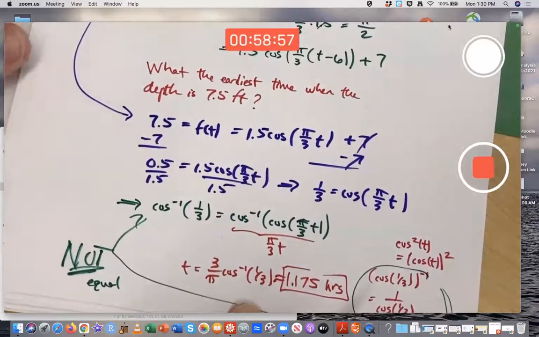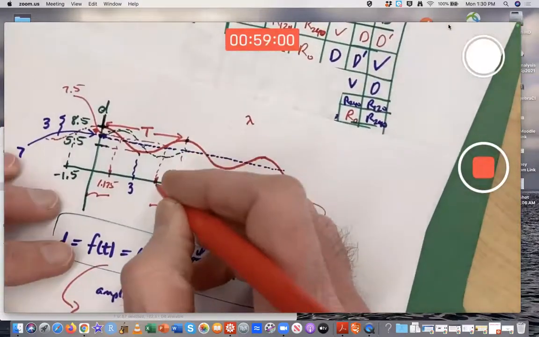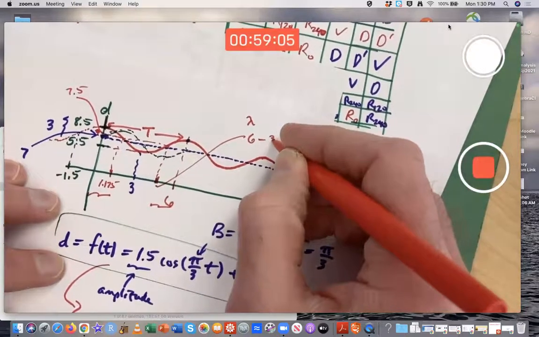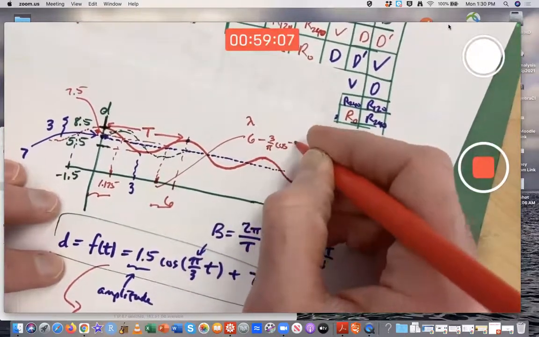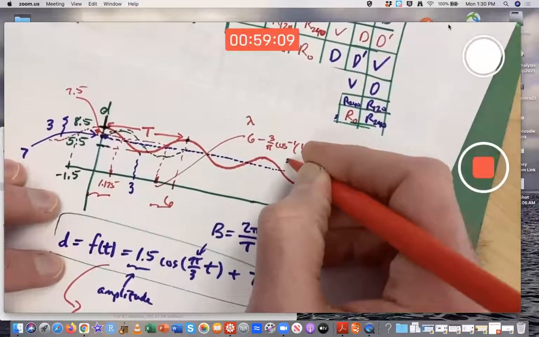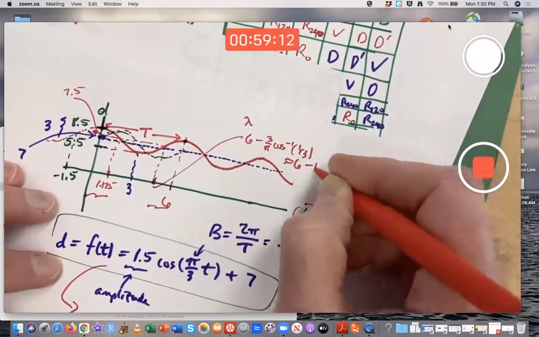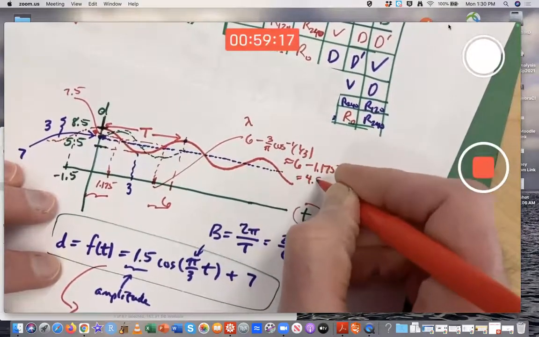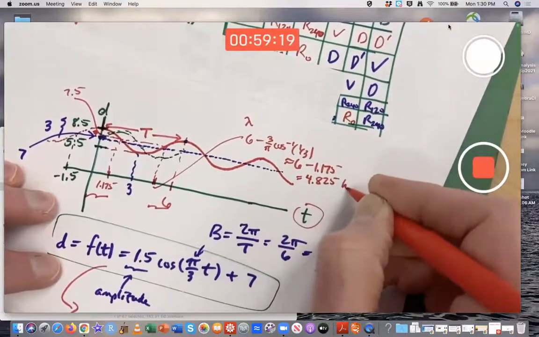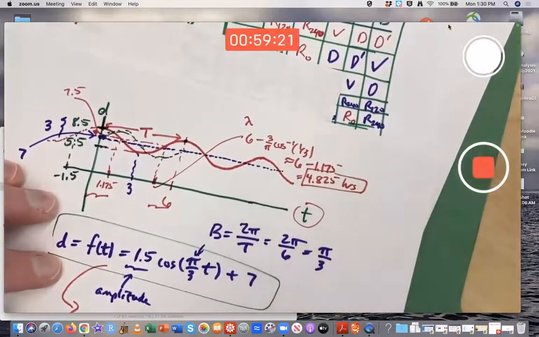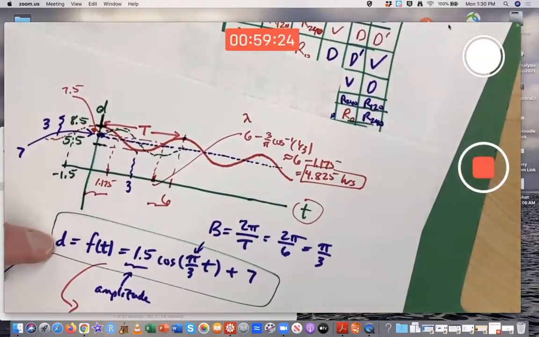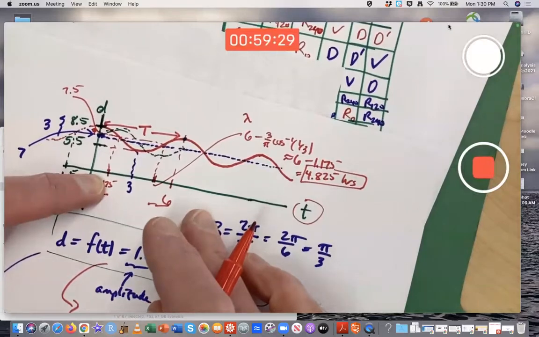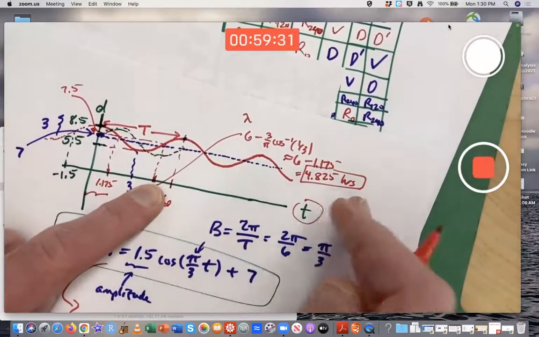That's the 1.175. This number should be, in exact form, 6 minus 3 over pi times inverse cosine of 1/3, approximately 6 minus 1.175, which would be 4.825 hours. That's the second time. The third time would be this number plus the period, plus 6. The fourth time would be this number plus the period, plus 6.